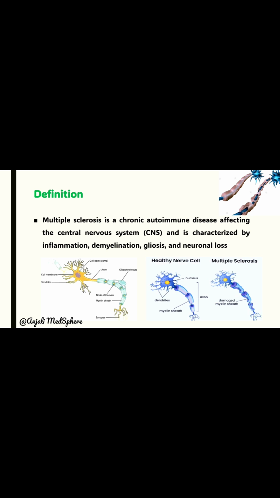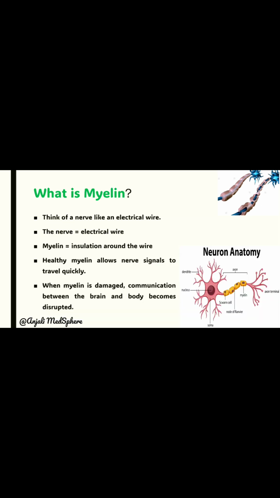You can see in this picture what a neuron is and what all the parts of the neuron are. Before knowing about the bigger anatomy of the neuron, we have to know about the myelin. Think of a nerve like an electric wire. Like in an electric wire, over the copper there is plastic insulation.